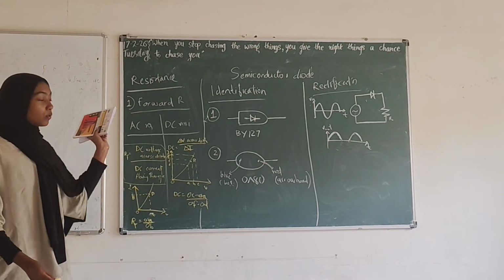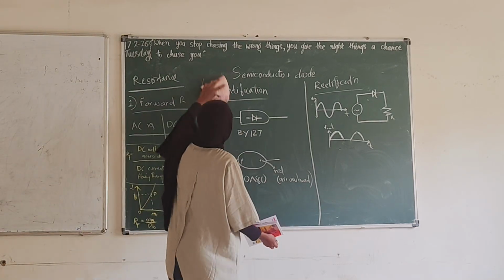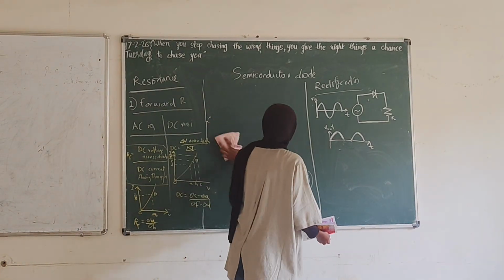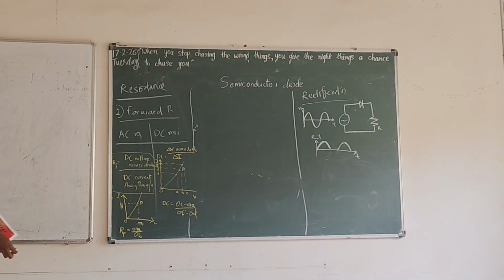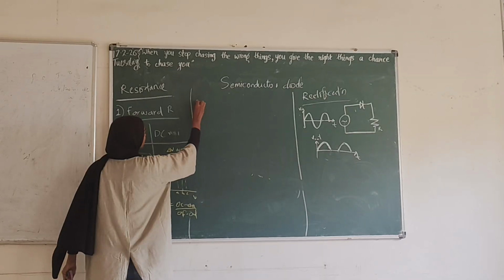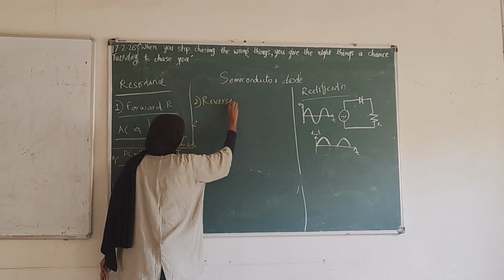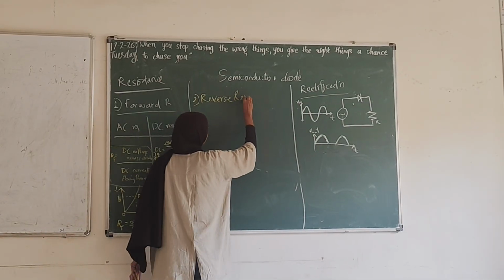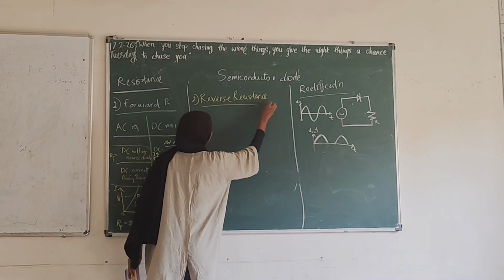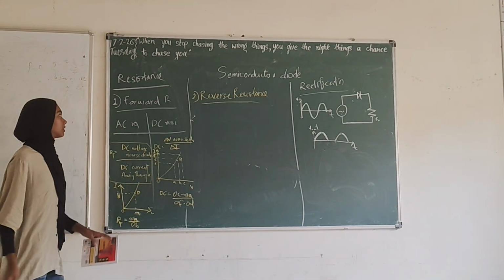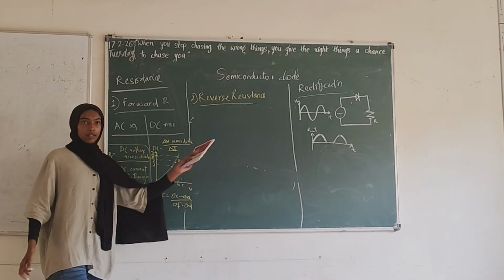Now we will move to the second type of resistance, that is reverse resistance. In reverse resistance, this will be the resistance when it is reverse biased.